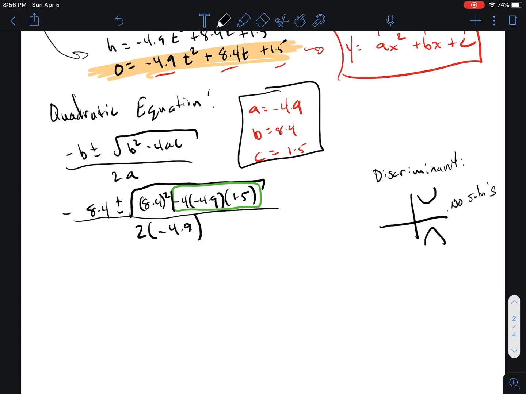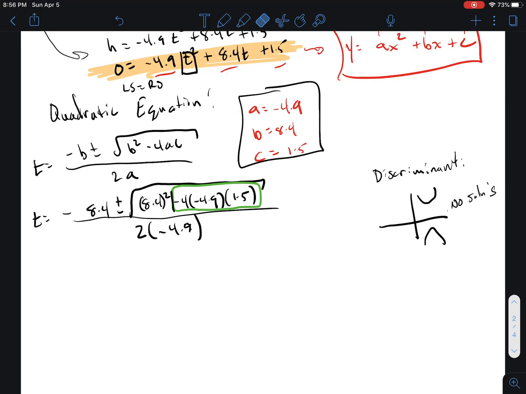And these are t equals, by the way, because we're solving for time values that satisfy left side equals right side, right? So in this case, 0 equals 0. I'm looking for the t values that make the right side 0, and that's what the quadratic equation is going to spit out.